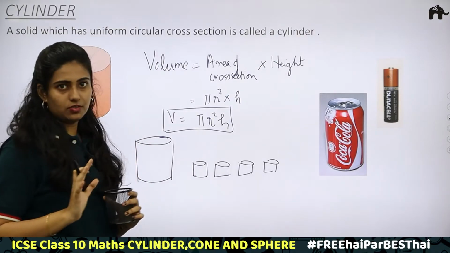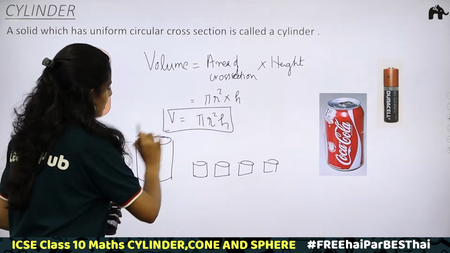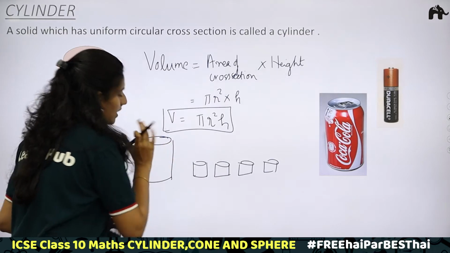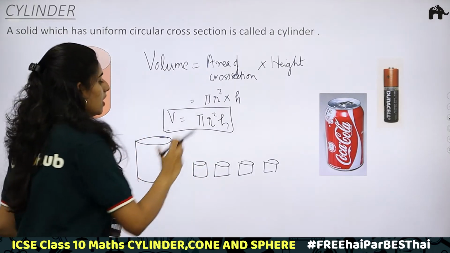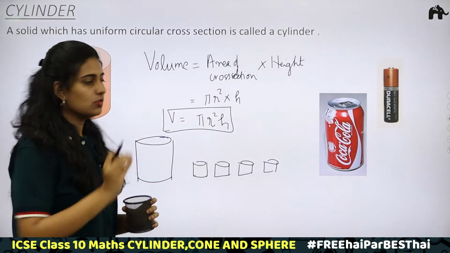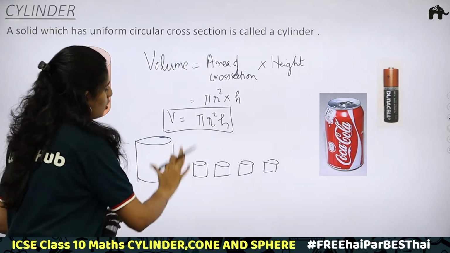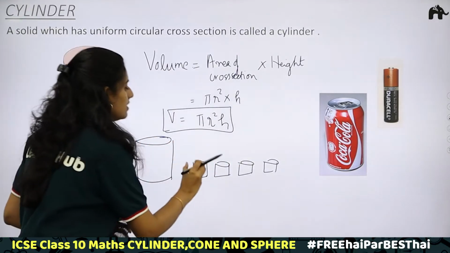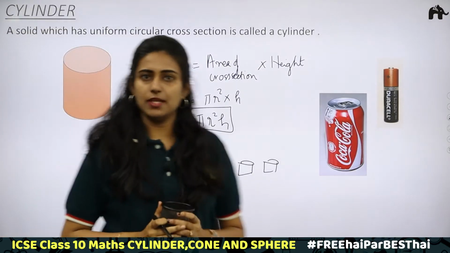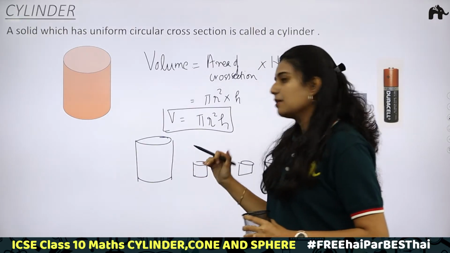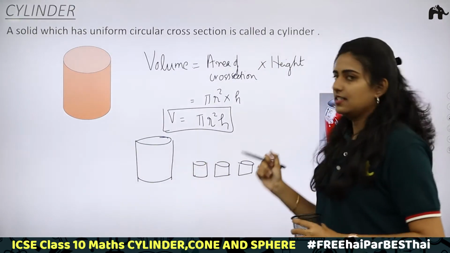For that, you need to calculate the volume of the big can, then the volume of the small can. To find the number of cans, you just need to divide the volume of the big can by the volume of the small can. You will get the number of cans that can be filled. Clear? By solving questions, you will understand these in detail.